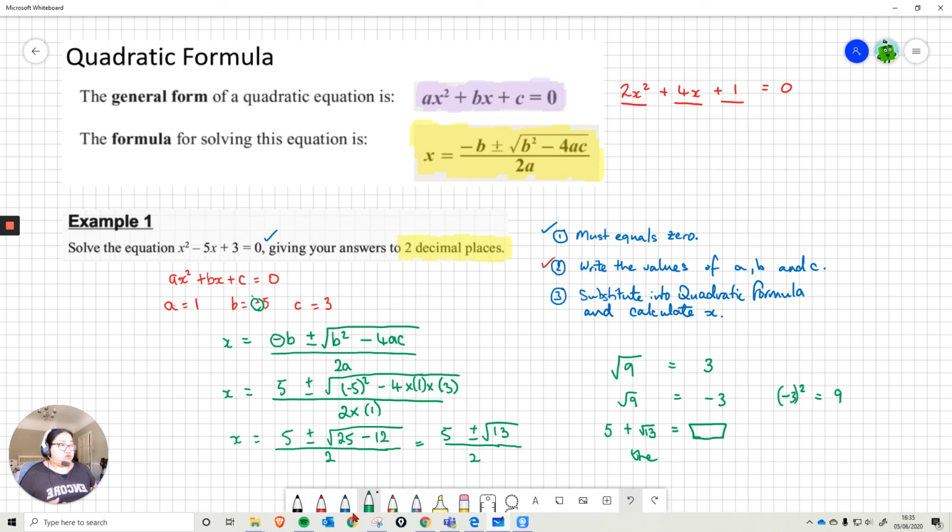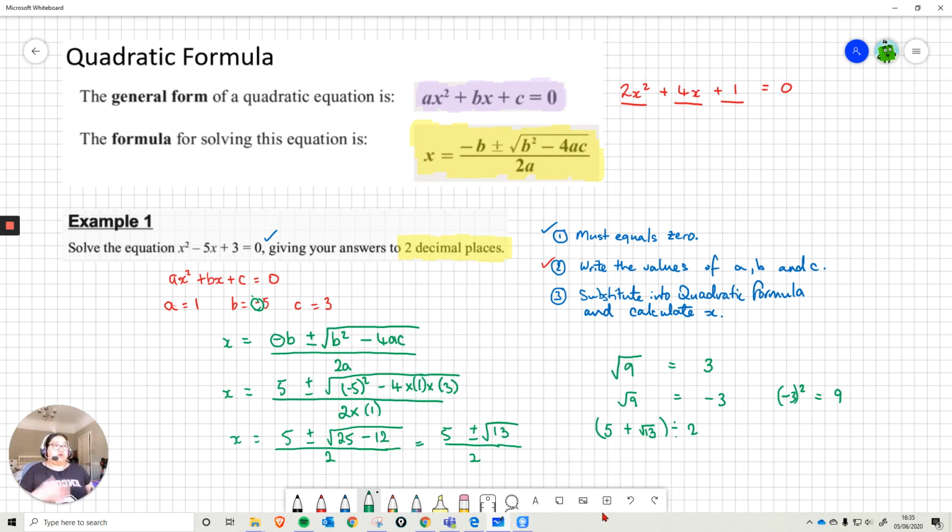So don't do 5 add square root of 13 divide by 2 like this in your calculator, as that will only halve the root 13 instead of everything, which is the numerator on the top. Now, it's an easy fix. You can either press equals or you can add brackets like I've done where I've written it on there.